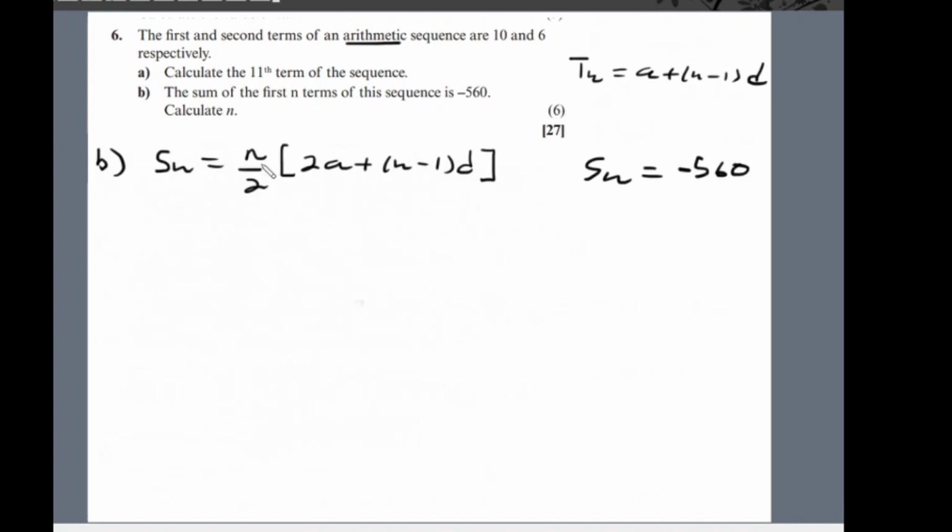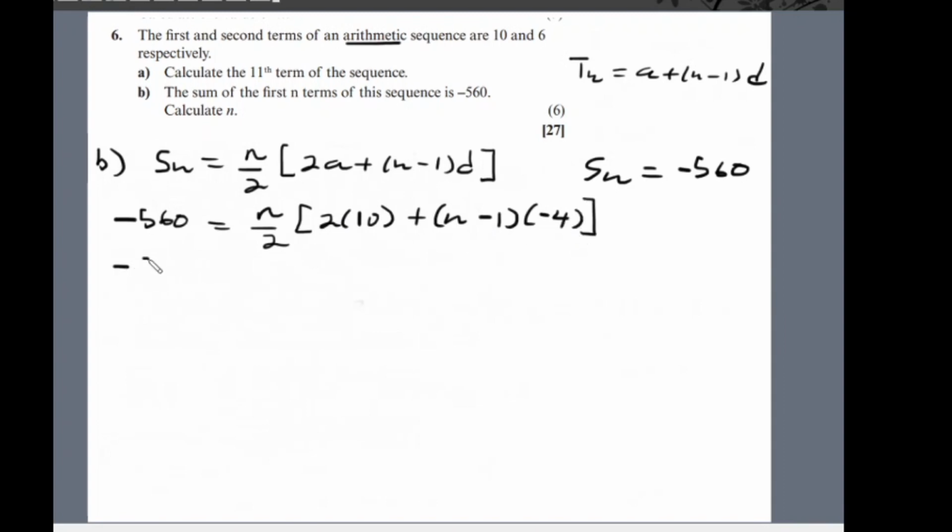They want us to calculate n. So now we are given Sn is minus 560, right? And then we know what a is, the first term, in this case is 10, right? And then we've calculated the common difference from the previous question, it's minus 4, right?